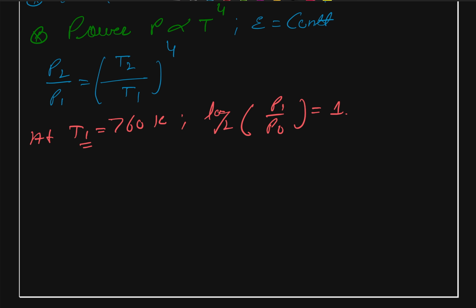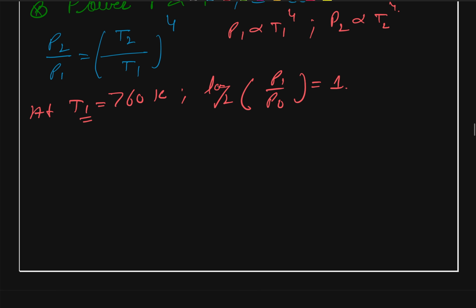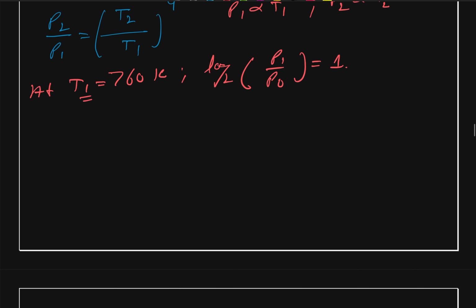From here we can write P1 is proportional to T1 raised to power 4 and P2 is proportional to T2 raised to power 4. And if we solve this, we can say that P1 upon P0 is equal to 2 raised to power 1, or we can say that P1 is equal to 2 times P0.